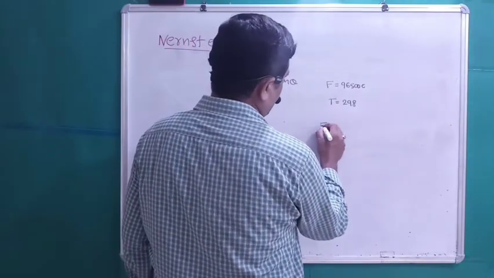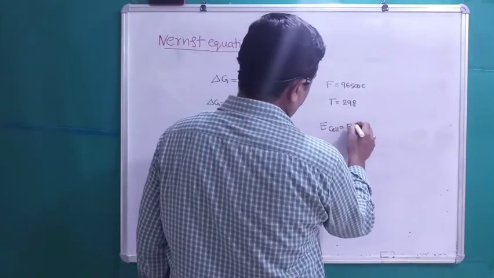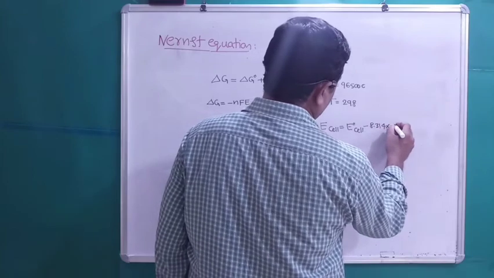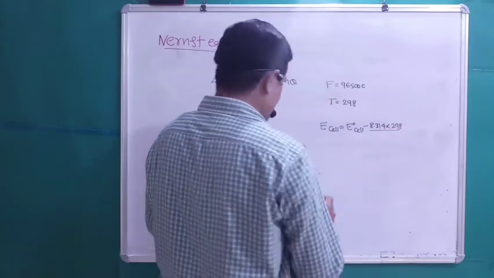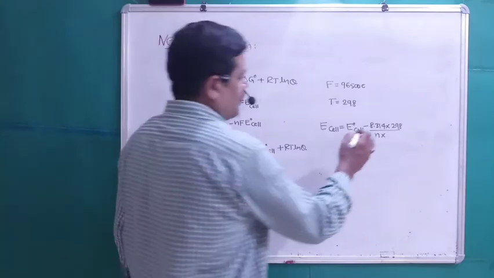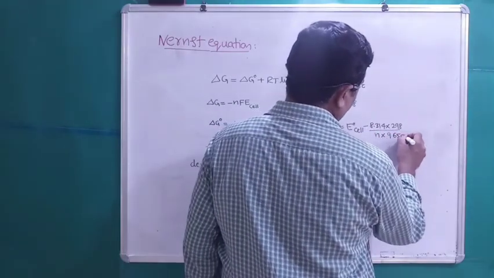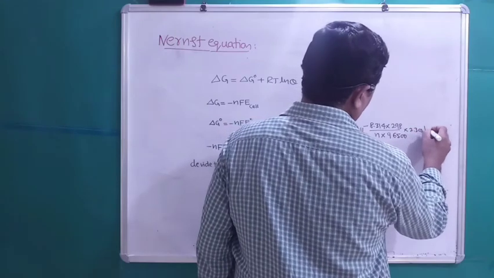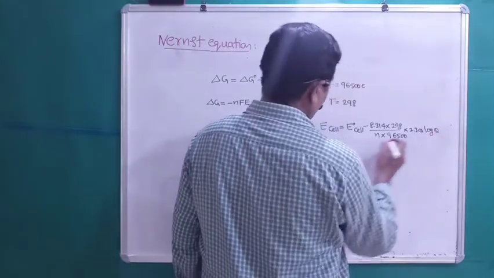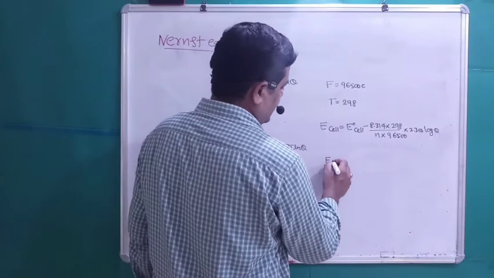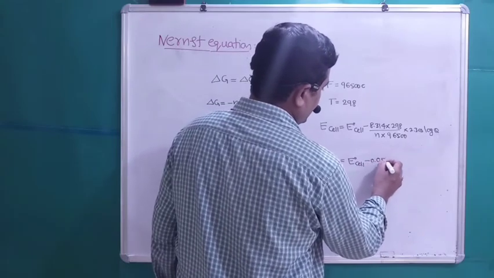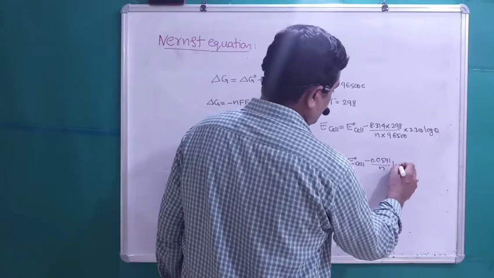Then E cell is equal to E naught cell minus R value 8.314, temperature 298, divided by n, the number of moles of electrons, which depends on the reaction, F value 96,500 and 2.303, now with log Q. On simplifying this, we get E cell is equal to E naught cell minus 0.0591 by n log Q, right?